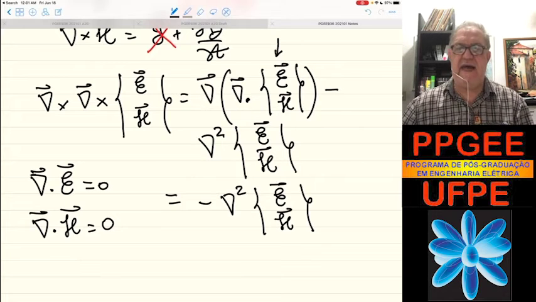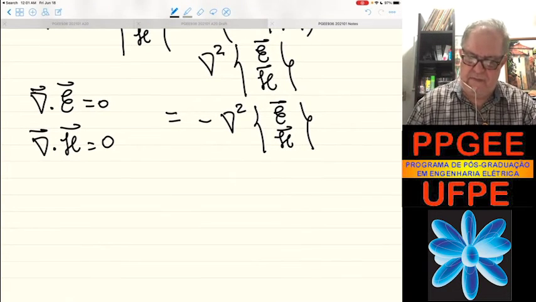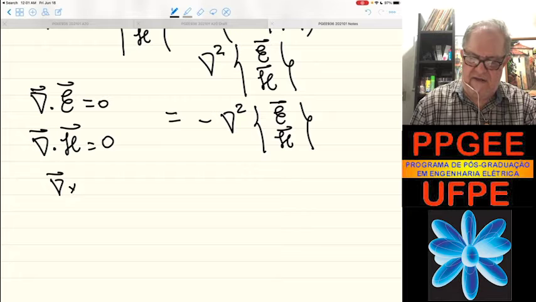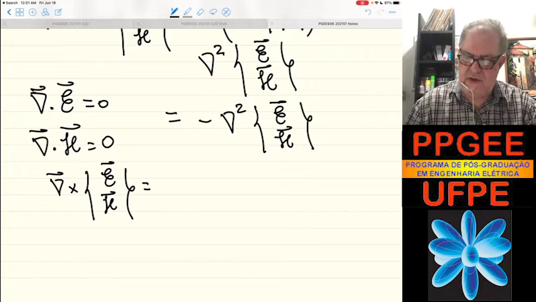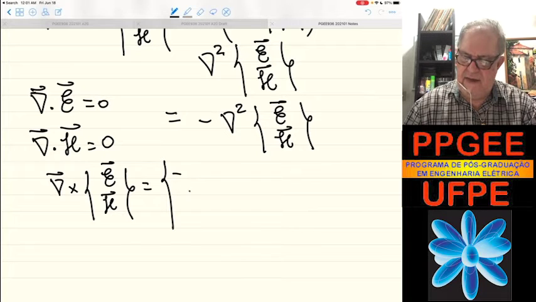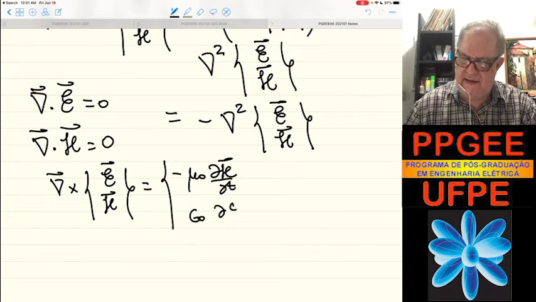On the right hand side, we have, for instance, curl of E or H equals minus mu 0 dH/dt, or epsilon 0 dE/dt.